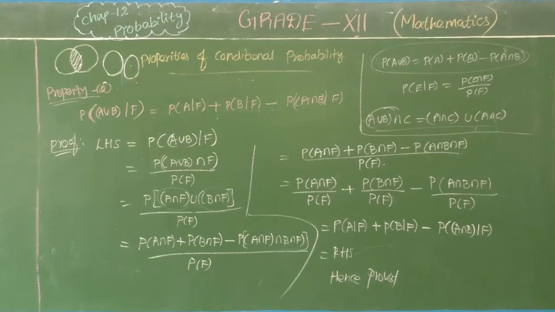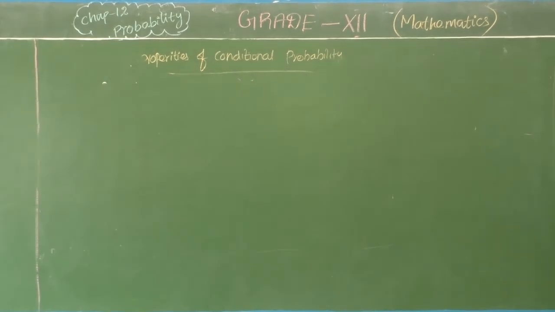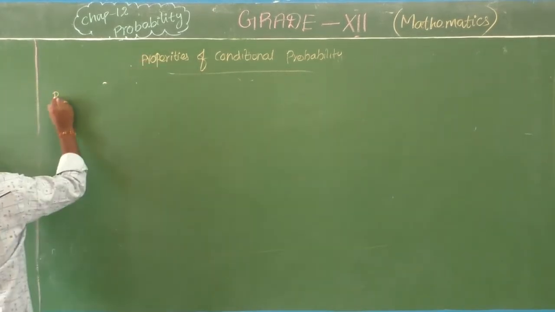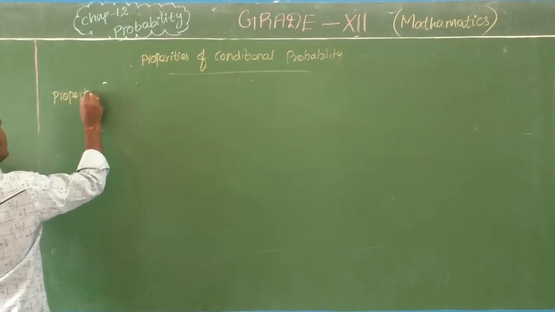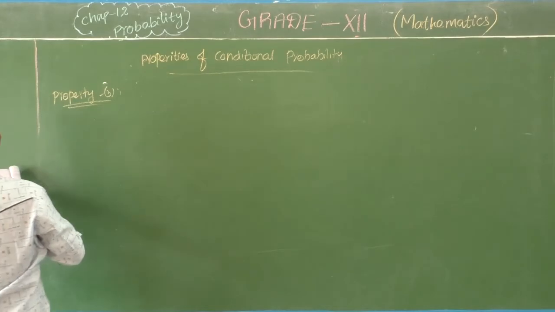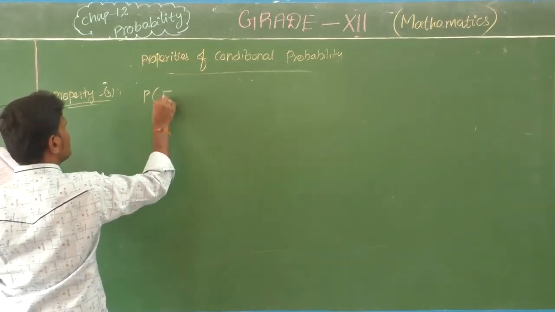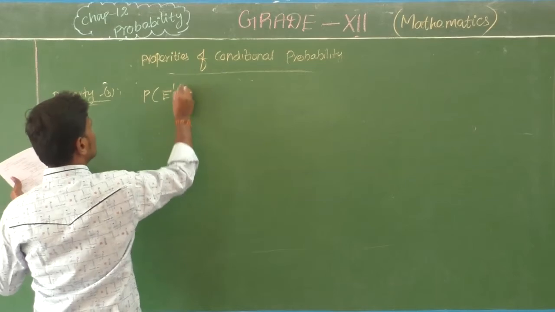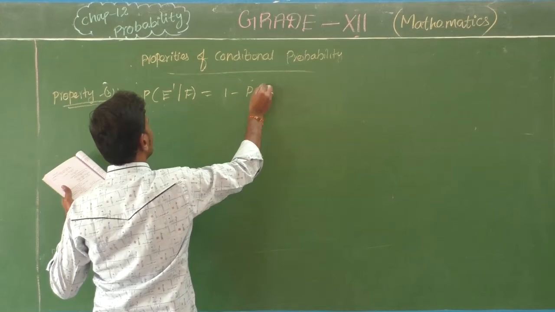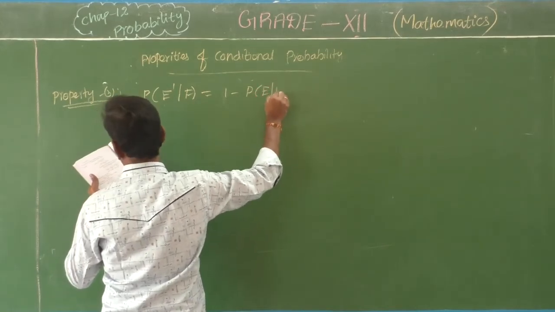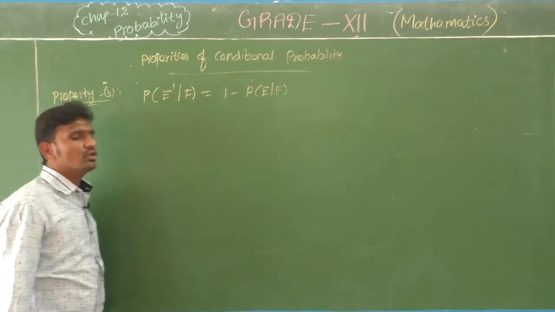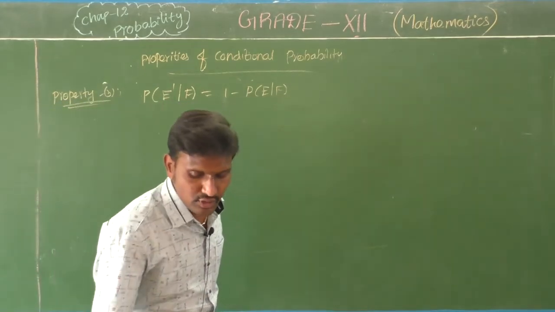Shall we move to the third property? Yes students, the third property, the last property, property number 3. What we are going to prove in this property is P of E dash by F, which is equal to 1 minus P of E by F. Like the operation with the complementary event, P of A bar is equal to 1 minus P of A. Say the same like that.